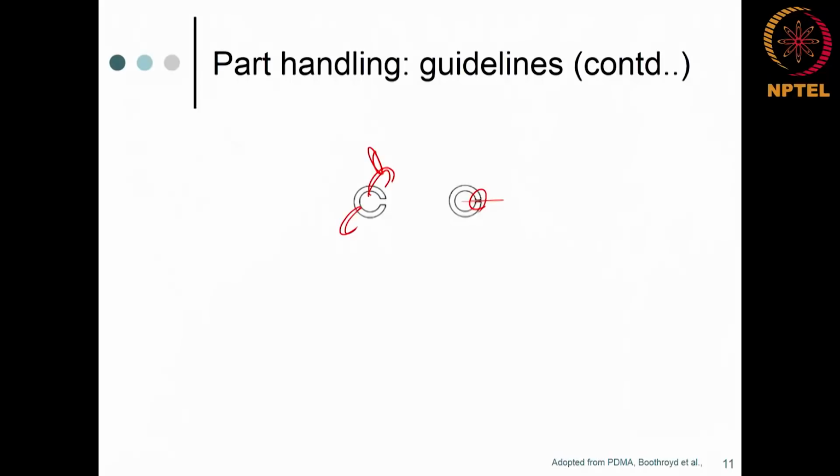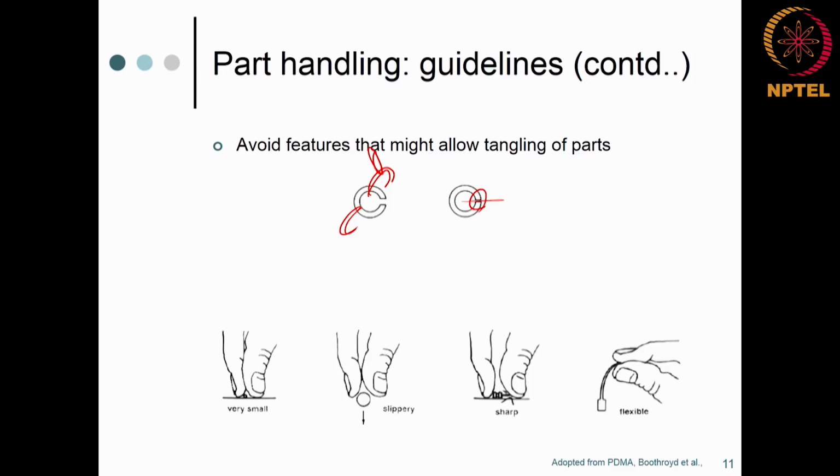Okay. So, for instance, from a design perspective, there is nothing wrong about it. But from a transportation perspective, it is useful to have it this way so that they don't tangle. Try avoiding stuff that is very small or slippery.